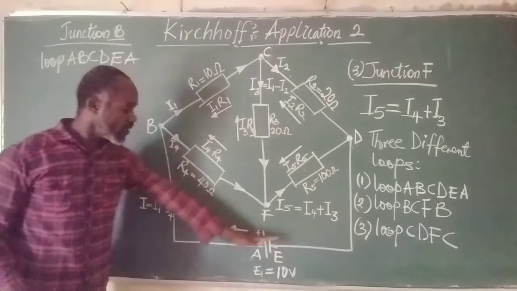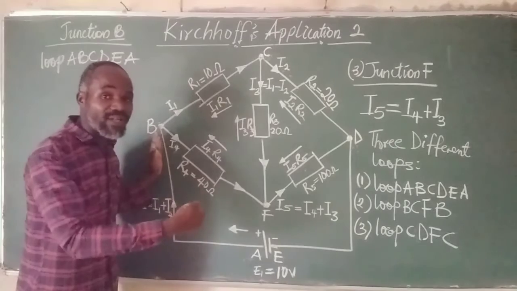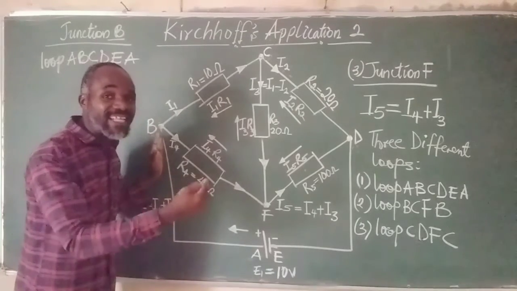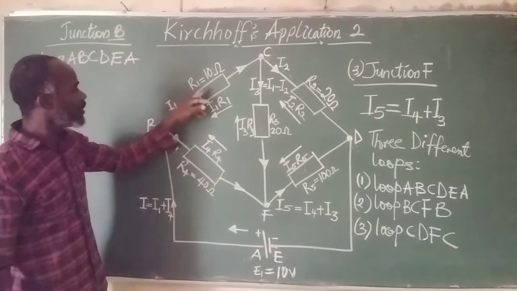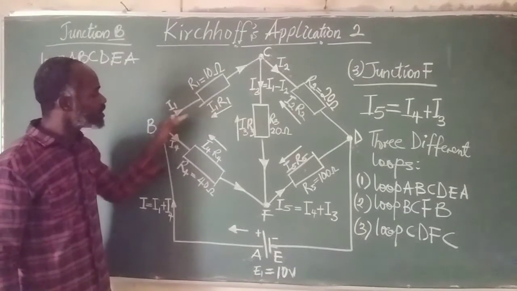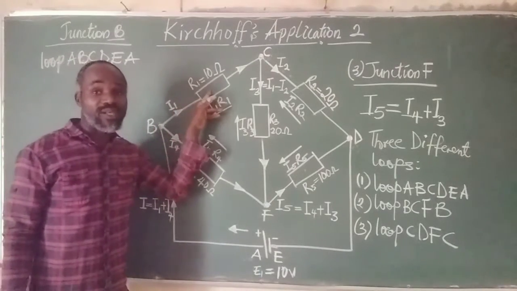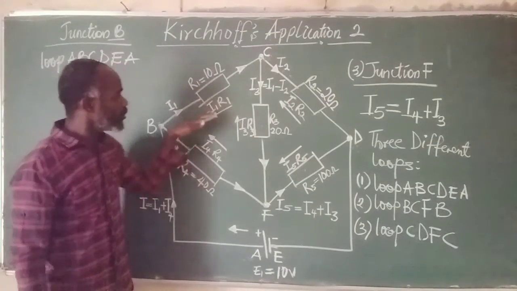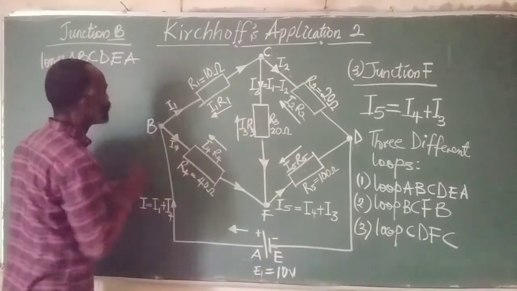So any arrow against or opposing our direction, we take a negative sign. So let's move. You can see the potential drop here is opposing our direction, while the resistance of this resistor is just 10 ohms. So this is going to assume a minus sign. That's the potential drop.